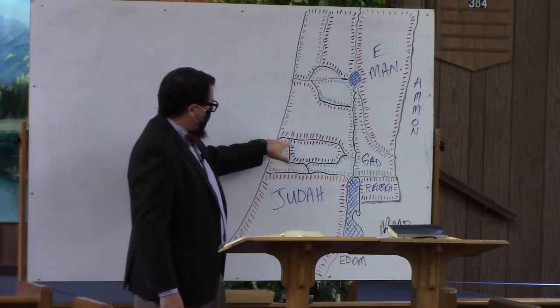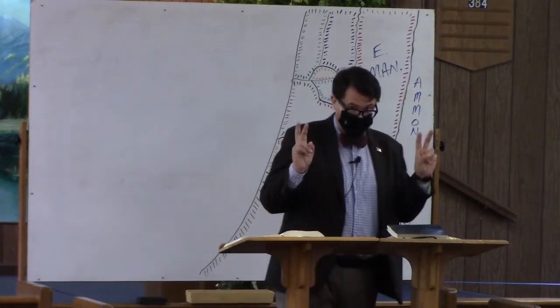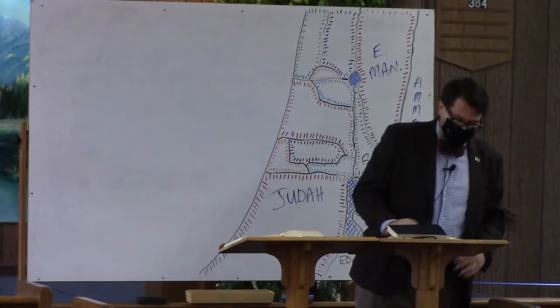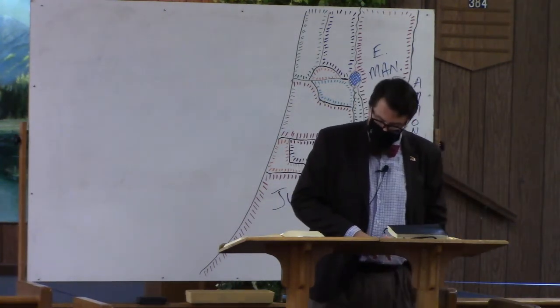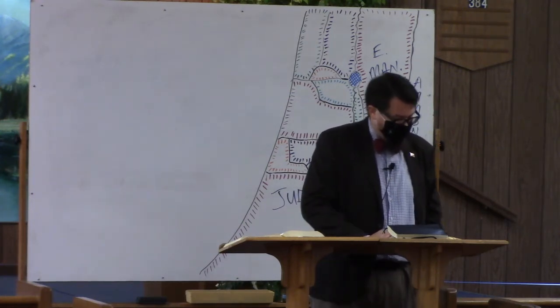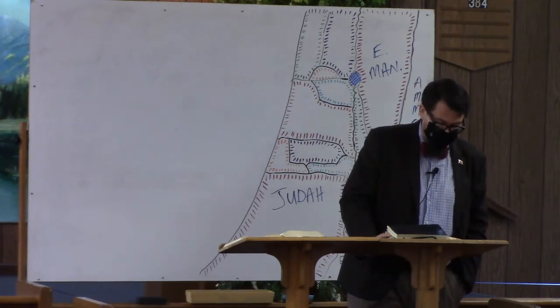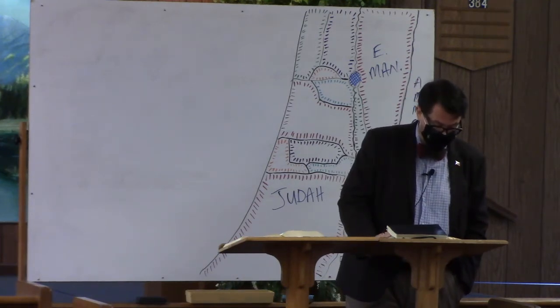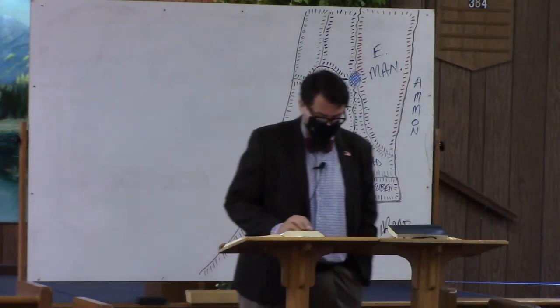But in general, what we're looking at here is the southern borderline for the tribe of Joseph. But then almost immediately, the text splits us into two different people groups. Verse 4, the people of Joseph, that is the sons of Joseph, Manasseh and Ephraim, received their inheritance.